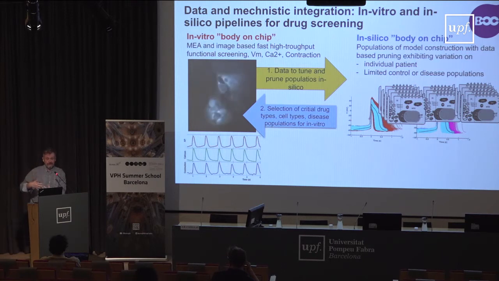And hopefully, of course, then go back and select certain populations, certain conditions as predicted by the models, and then go to in vitro. And of course, then hopefully we can have patient-specific models, and we can help the patients as well. That is the hope in the future.